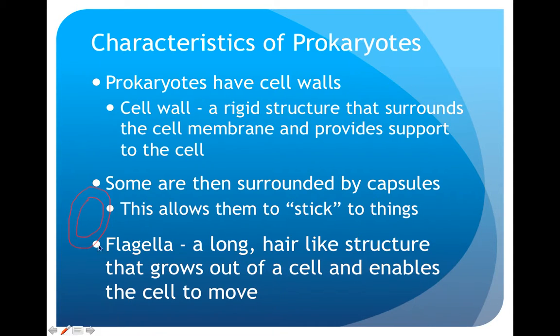So if you have a capsule, it's even a capsule around that. And this allows it to stick. Okay, so right here, this would be the cell membrane. This would be the cell wall. And this would be the capsule. So these prokaryotic cells are protected extremely by 3 different layers.